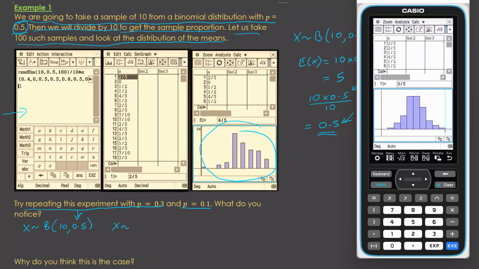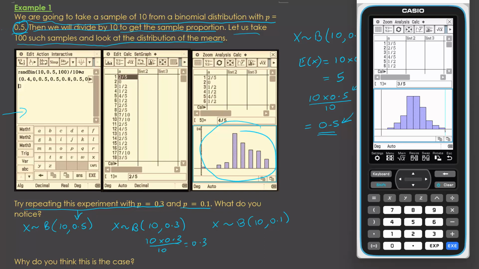So if we went for a binomial 10, 0.3, and then even more extreme, binomial 10, 0.1, we might expect it to take longer to look like a normal. Of course, the mean's going to be different. So you'd have 10 times 0.3 divided by 10, which is 0.3.